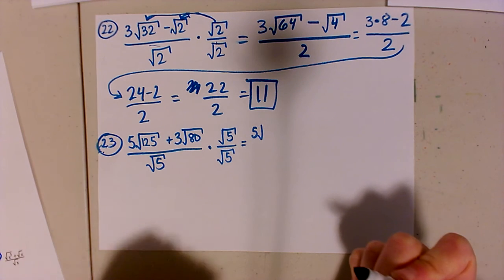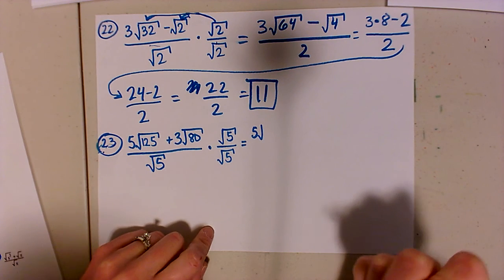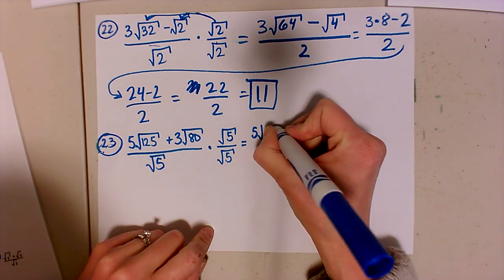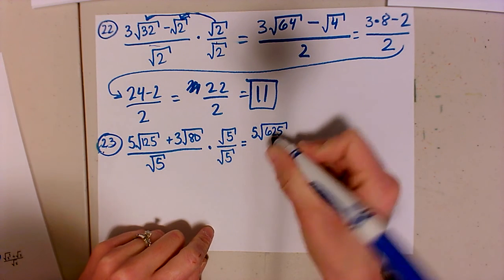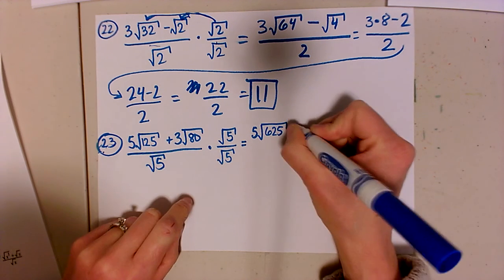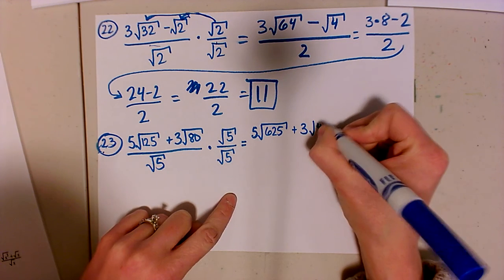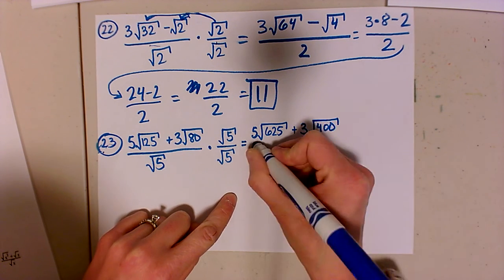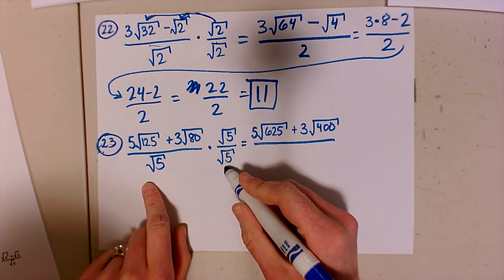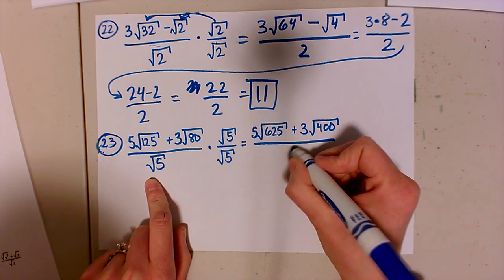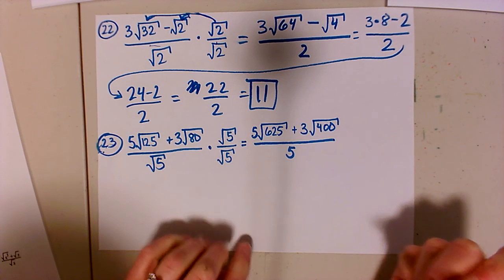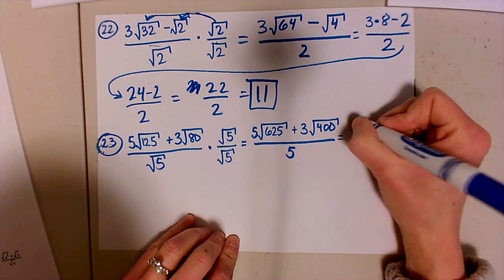So 125 times 5, that's going to be 625, and we can throw that under one radical. And then we have plus 3, so now I'm going to do 80 times 5, which is 400, and that goes under one radical. And then root 5 times root 5, well, the roots will cancel, and that'll be just 5, okay?